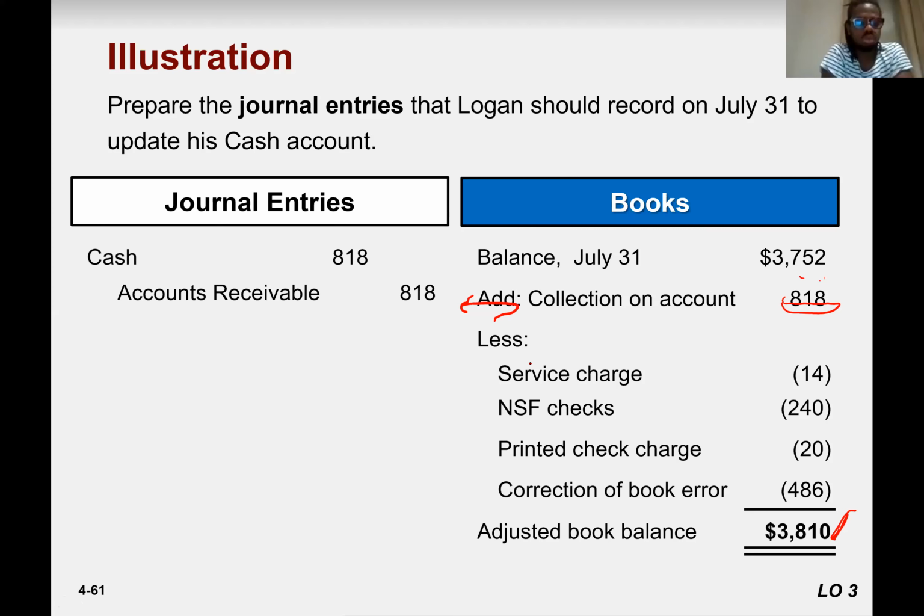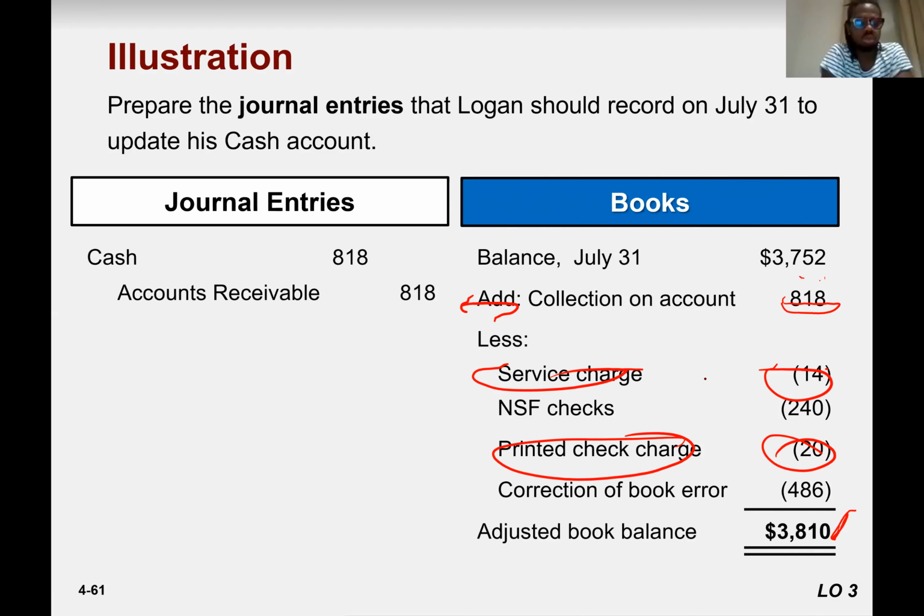Now bank charges, service charges plus cost of printing the checks. How much? $34. The entry would be bank charges expense to cash: cash decrease, credit; expense increase, debit. Which kind of expense? Miscellaneous expense, or you can set up different accounts.